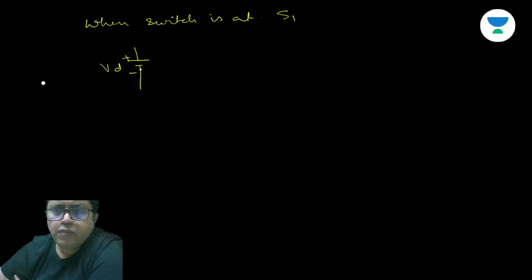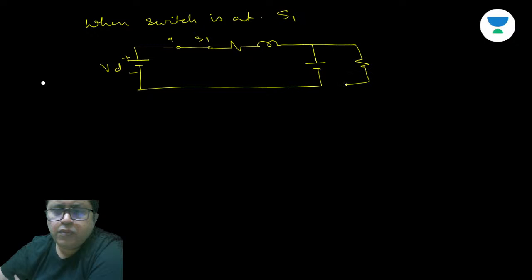This is VD. This is switch A, this is S1, resistor, inductor. Earlier the inductor was in steady state. So in steady state, what will happen?